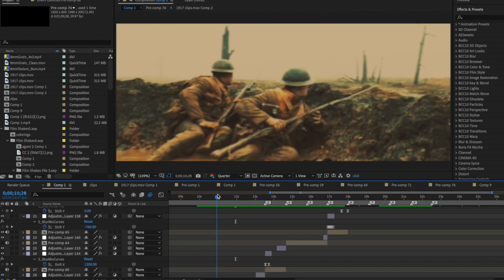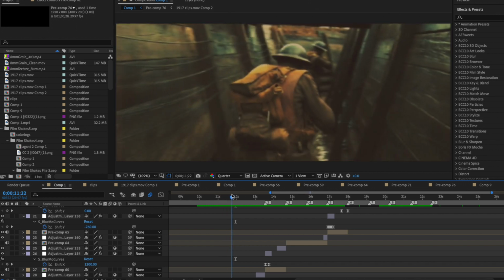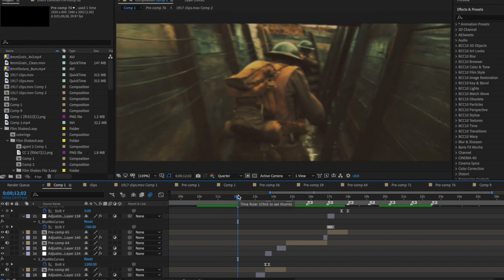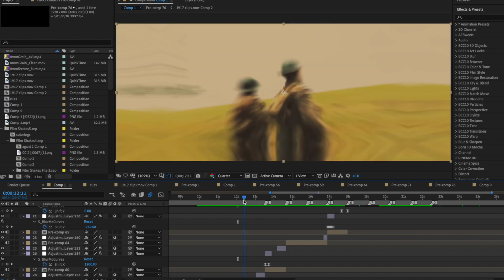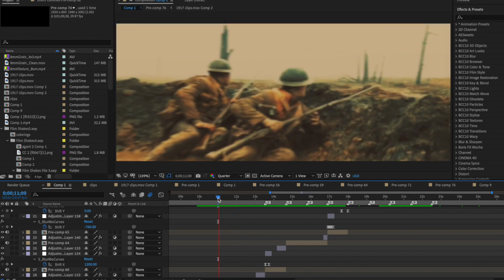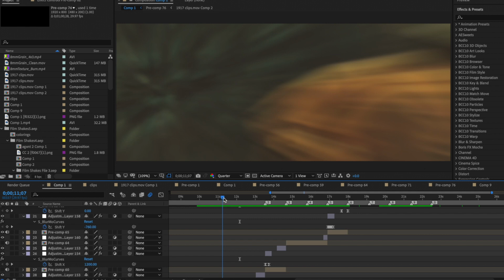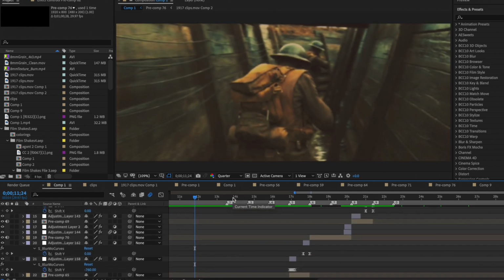So use your clips, analyze where the camera's heading, and that's really why I like 1917, because it's a continuous shot movie. So it's really, really good for velocity. So you can see these two shots just kind of lead into each other.